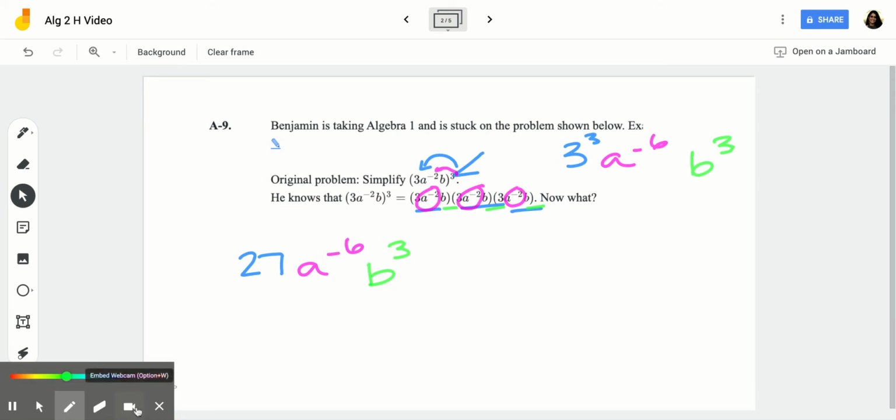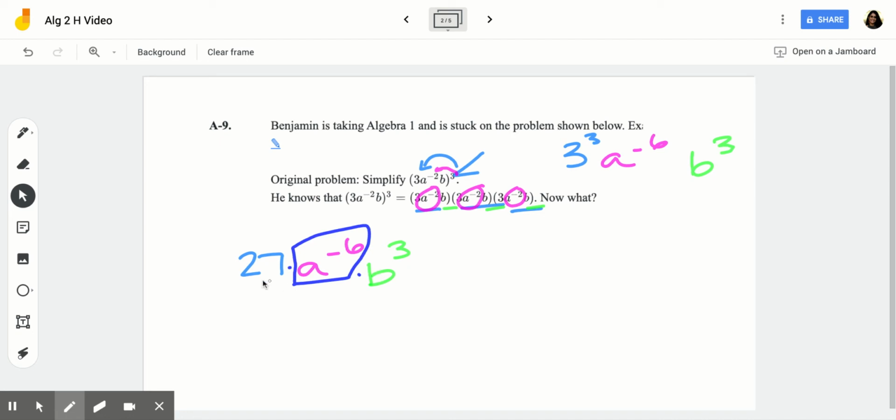Now, we've got to check, are we completely done? We never want to leave a negative on the bottom. So what he needs to do is move this and only this piece to the bottom. They're not connected. They are separate pieces of the multiplication problem. So this a will go to the bottom.